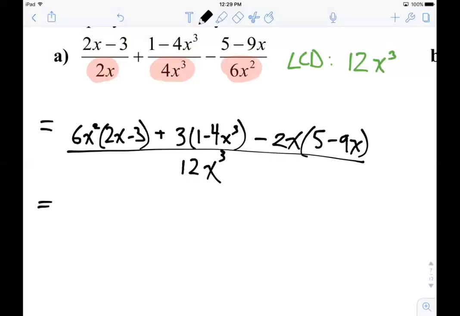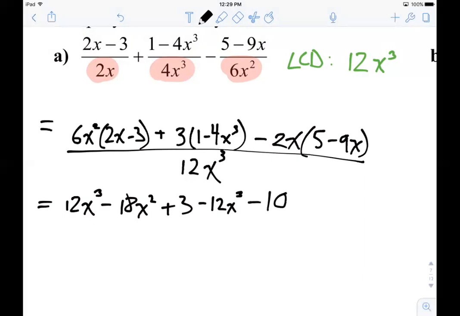This is all just essentially review skills on top at this stage, and I'm not going to be doing anything with the bottom. So I'd get 12x cubed minus 18x squared plus 3 minus 12x cubed minus 10x, and then careful with the signs, plus 18x squared.